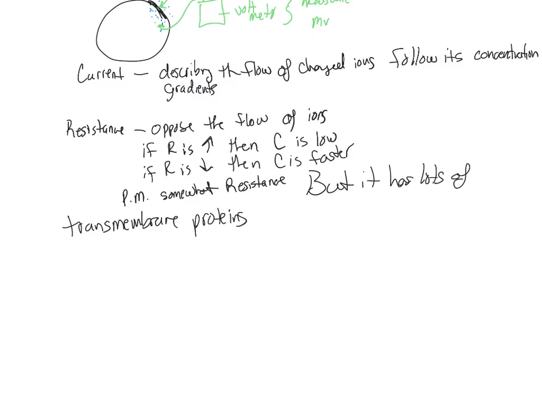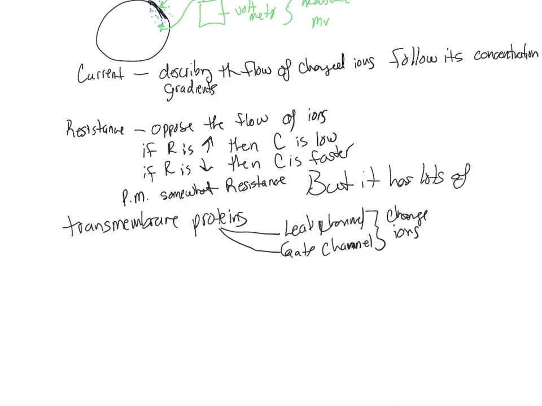And these proteins, whether they are a leak channel and passive, or a gated channel, all let charged ions flow, and this will decrease the resistance.